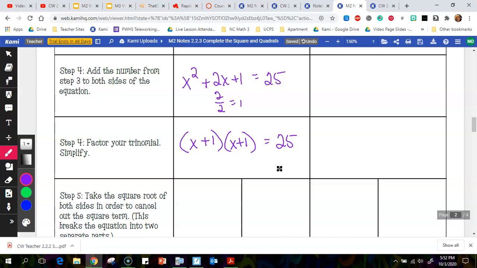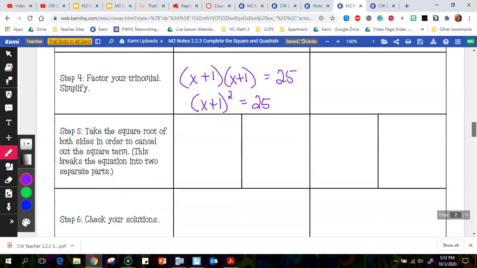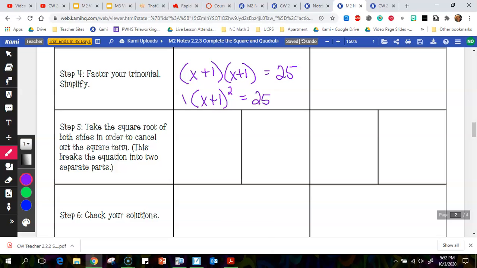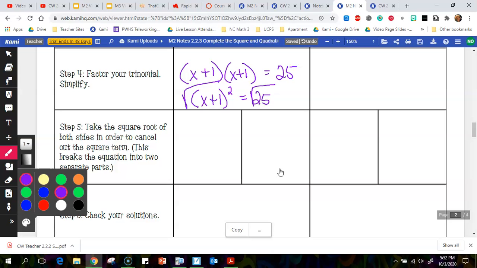So if you remember from the previous lesson, the way we would solve this is we would take the square root of both sides, and then we would create a positive side: x plus 1 equals positive 5.